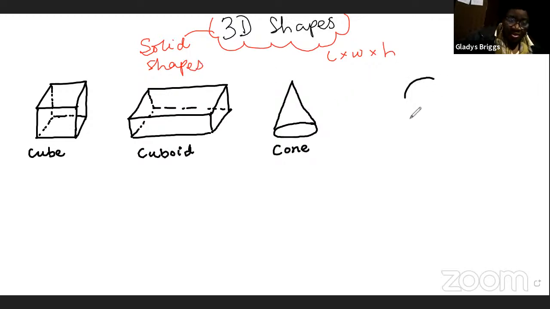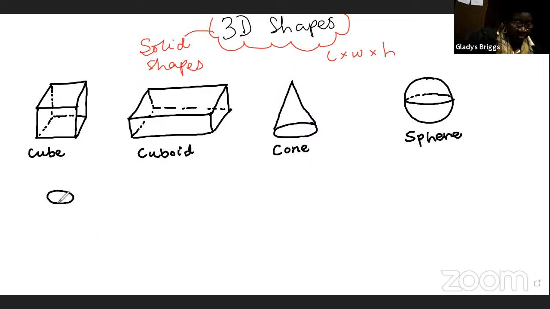And this one would be a sphere. Excuse my drawing, guys.